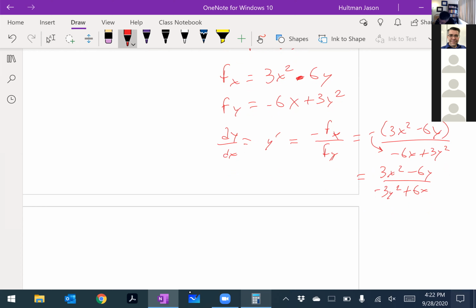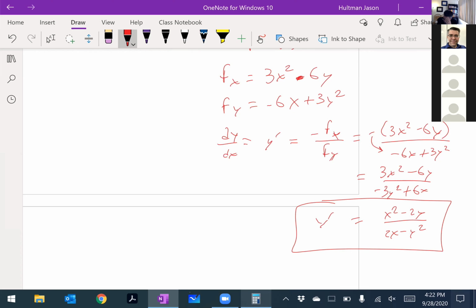Let's factor out a 3 on the top and bottom, and we would get x squared minus 2y over 2x minus y squared. We get something like that, and I'm going to say that this is y prime. Boom.